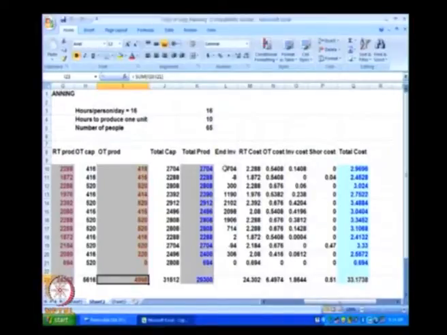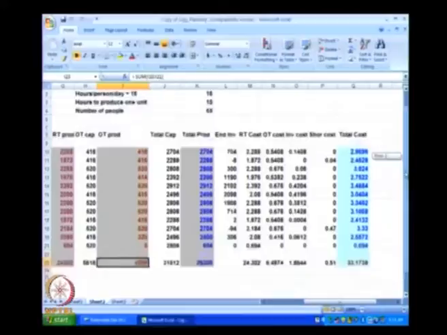So to carry an ending inventory of 704, we multiply it by 20 and incur a cost of 0.1408 lakhs. There is no shortage cost because the ending inventory is positive. In this example, inventory cost is computed based on the ending inventory value. The total cost is the sum of these 4 costs, which is regular time cost, overtime cost, inventory cost and shortage cost, and that is 2.9696 lakhs.